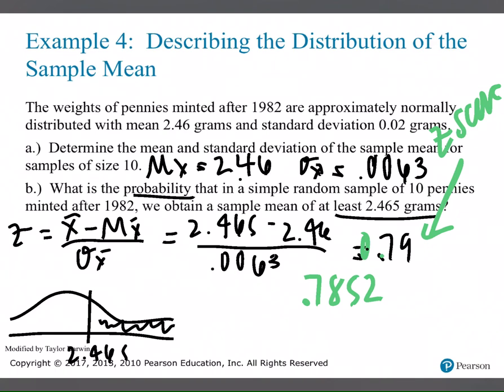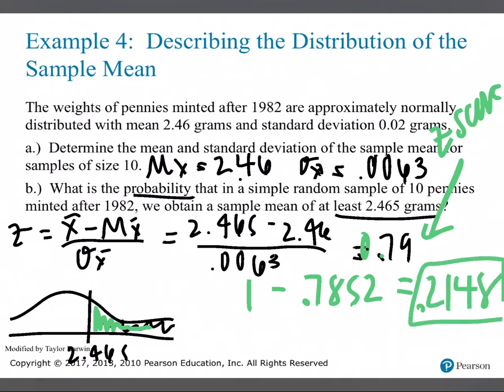Now this 0.7852 represents the area to the left. We want area to the right, right? At least. And so to find area to the right, I need to do 1 minus that 0.7852. And I get 0.2148. And that's the probability that my x bar, my sample mean, is at least 2.465.